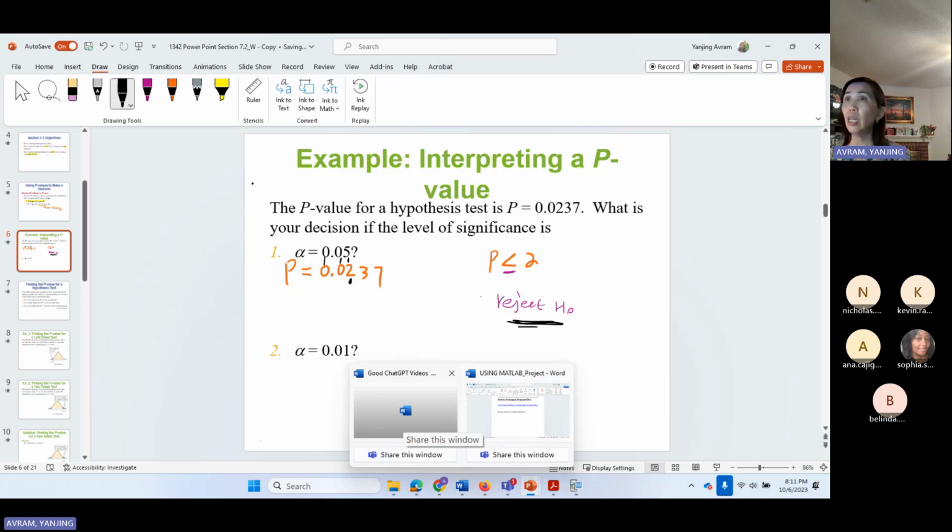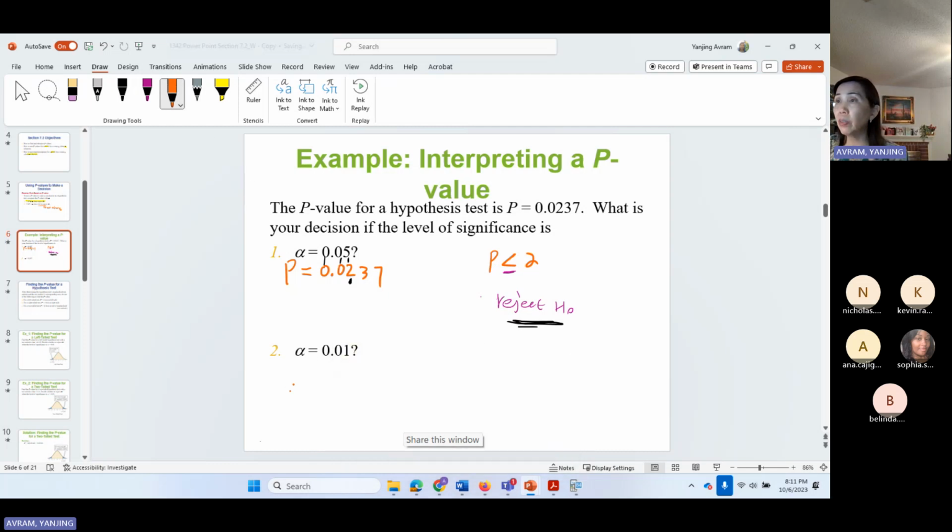Okay. Now let's look at the second one right here. If I choose my alpha level as only 0.01, my p is still 0.0237, right? You run up with all these decimal points in here, integer, decimal point. So apparently right now my p is greater than alpha. If my alpha is only 0.01, my p is still 0.0237.